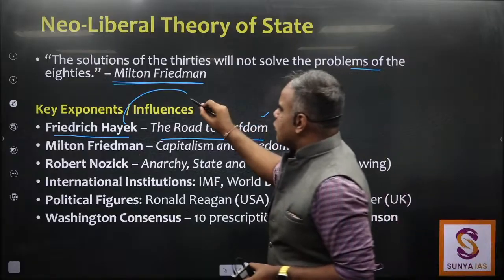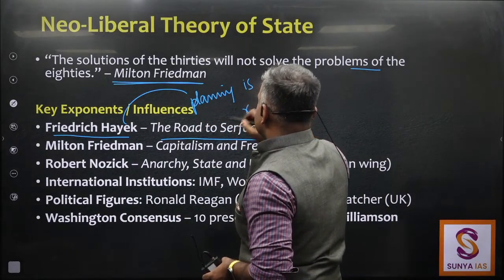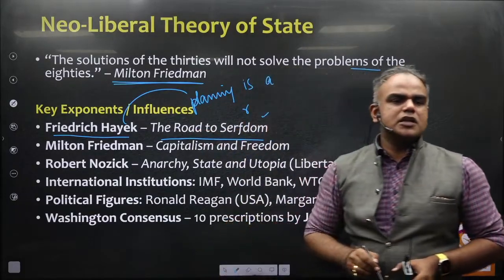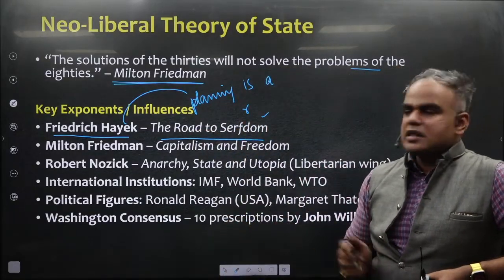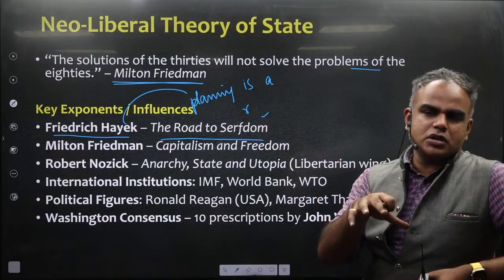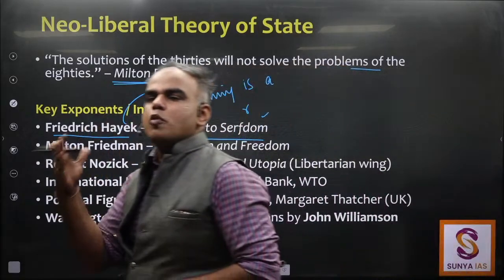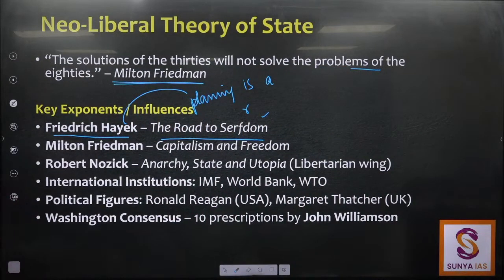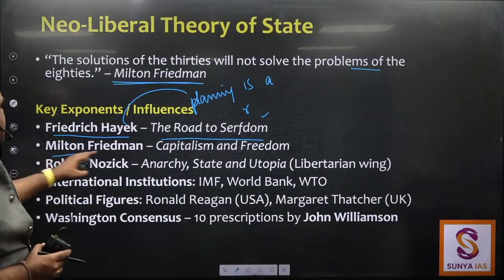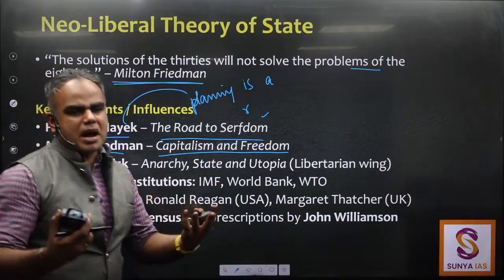So his prominent quote is, planning is the road to serfdom. And these people are very staunch critics of centralization, of regulation and control. They will say, make the markets as open as possible. Milton Friedman's quote we just saw; we'll see his Capitalism and Freedom, and talk about market fundamentalism.